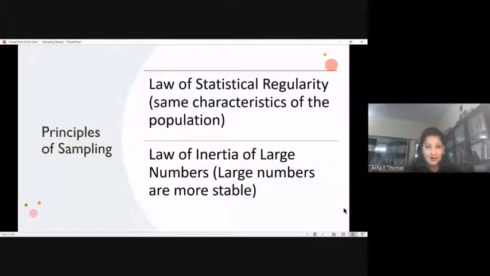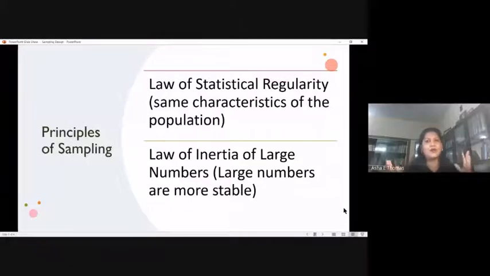But in case of a scientifically conducted research, if I have to come to a conclusion which may be acceptable to the academic community, in such a case, I have to go with law of inertia of large numbers. Large numbers are considered to be reflective of the actual condition.